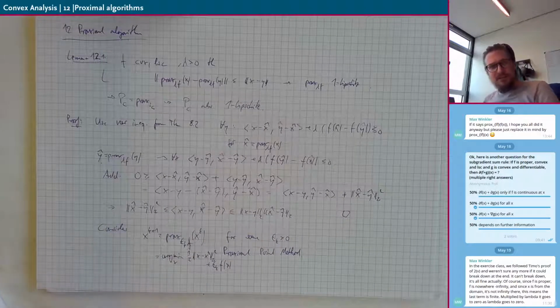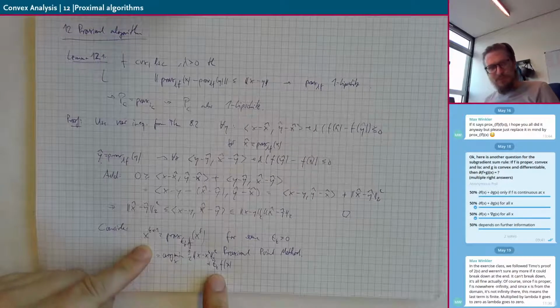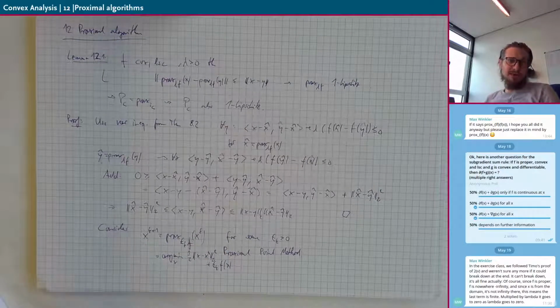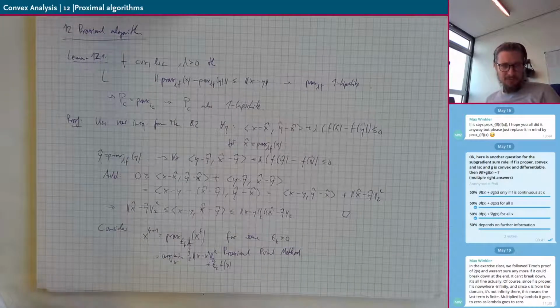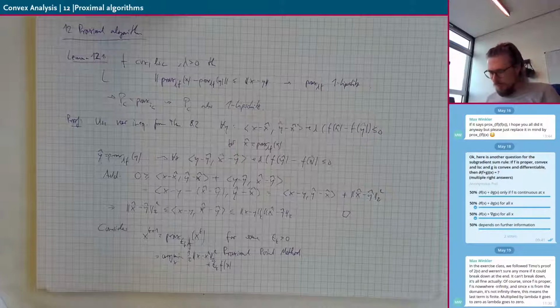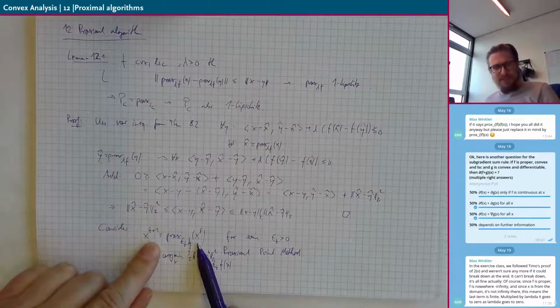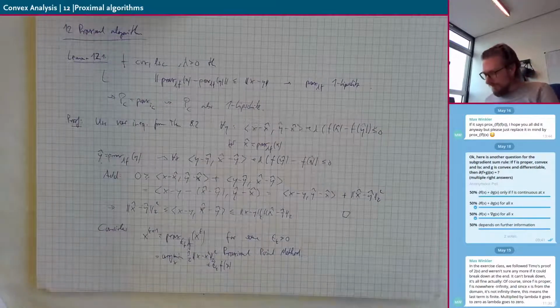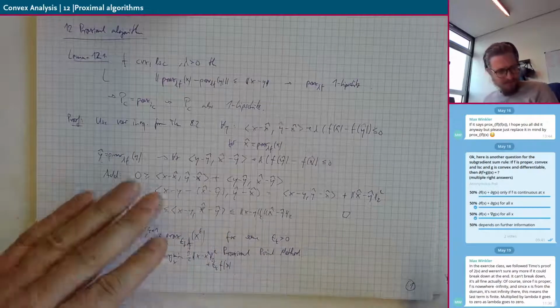And the other thing is, even though it's still not practical because we still need some method to solve this, it may be helpful as a building block for further algorithms. So in the next lectures, or even at the end of the lecture, we're going to see that this operation is still helpful for not so simple convex optimization problems, but just as a building block, not as a method in and of itself.